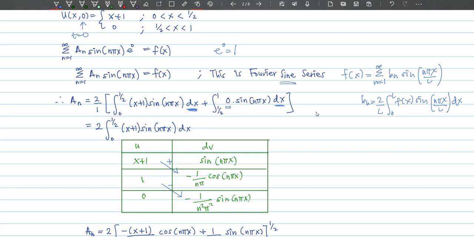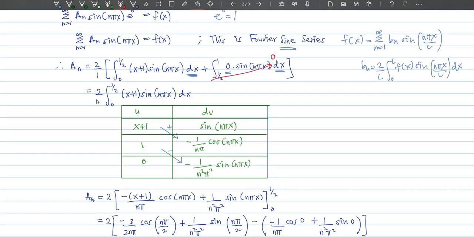Even though this is 0, please write it first: 0 times sin(nπx/L). And this one is equal to 0, because integrating a zero function would be 0.